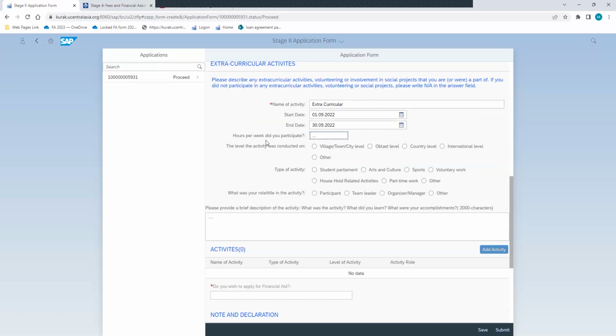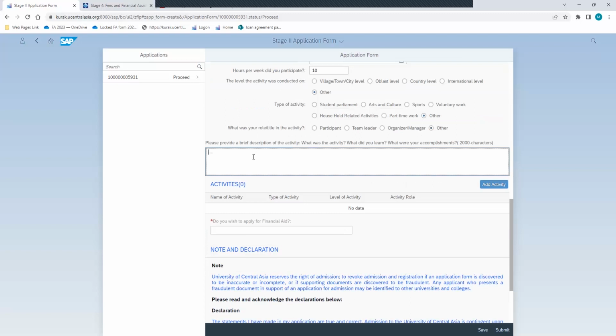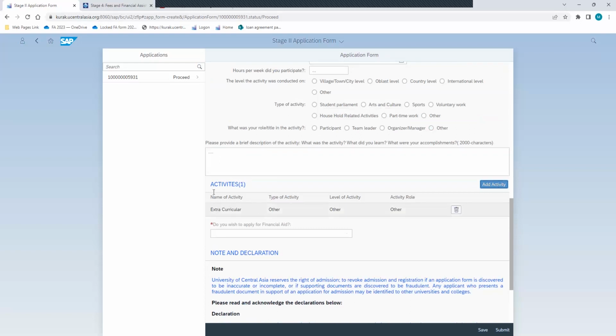Here we have hours per week. Did you participate? Assume that it was 10 hours. I'm choosing these randomly because they are not that important for today's session. Okay, so I'm adding the activity, and here I do have the activity.